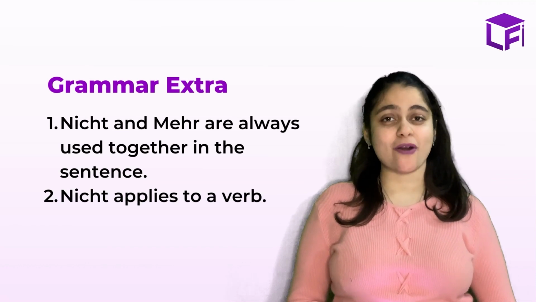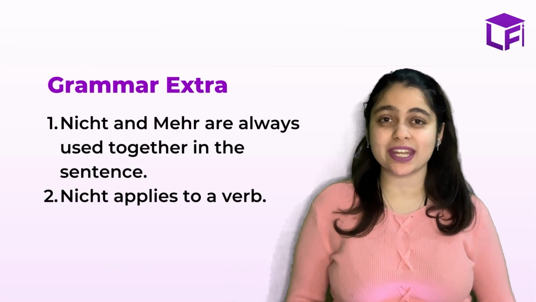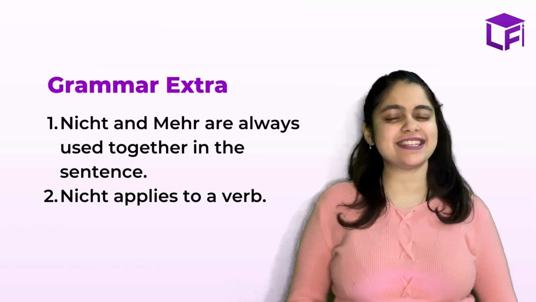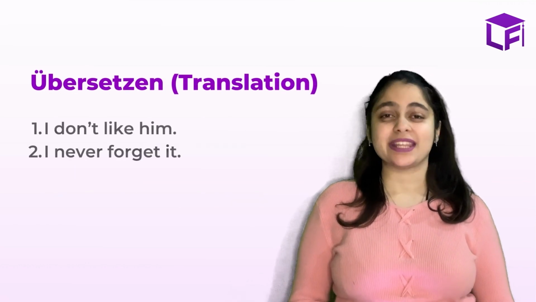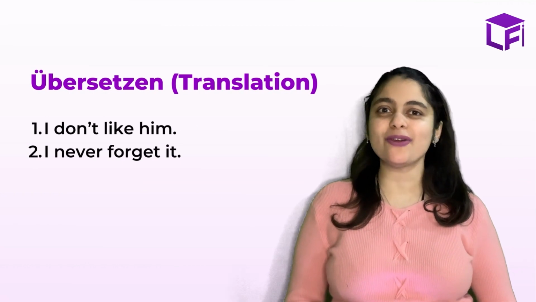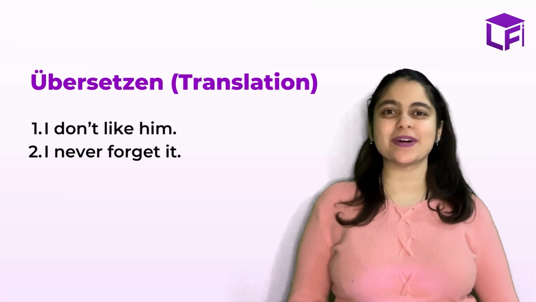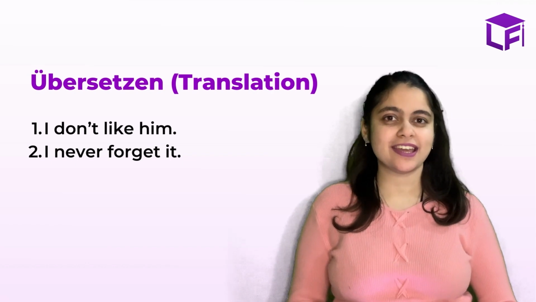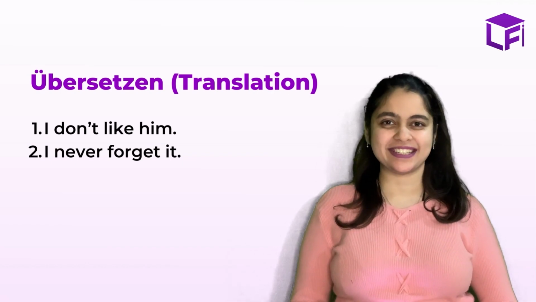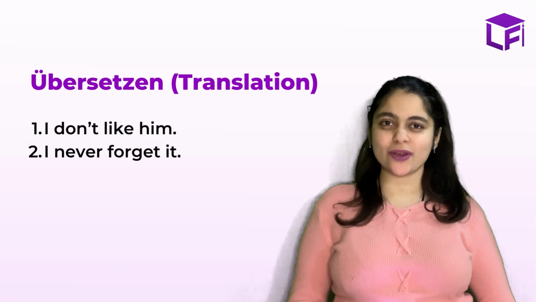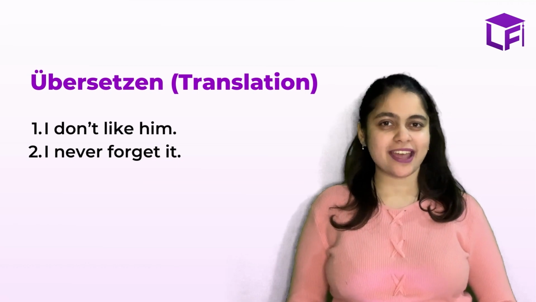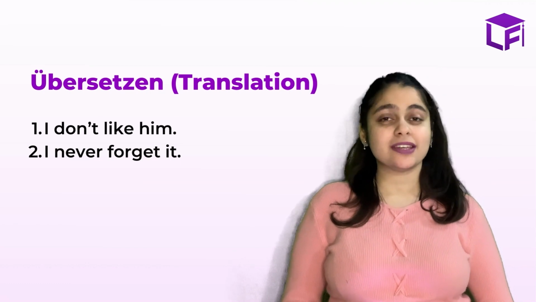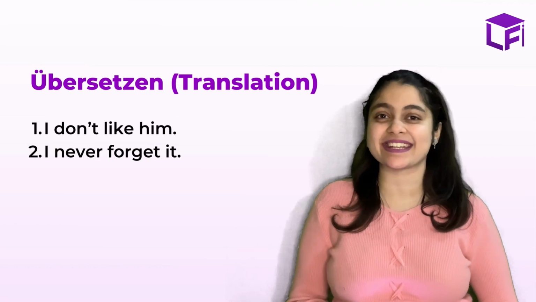Alright, now just to test our knowledge of the negatives, we are going to do an exercise. The exercise is called Übersetzen. Übersetzen is translation. I'll give you some English sentences, and what you have to do is simply translate them using the perfect negative.